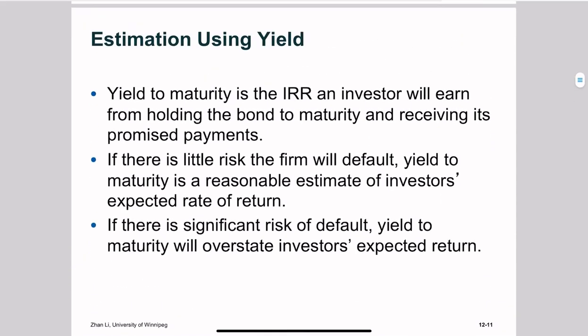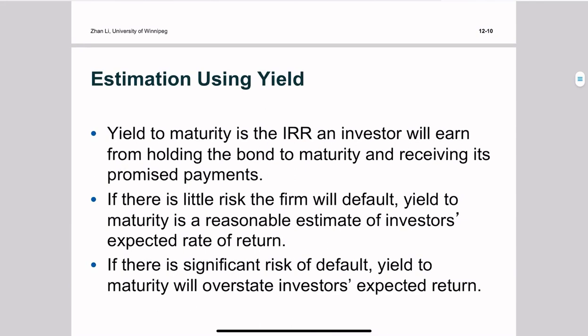Let me give you a simple example. Let's say you have a zero coupon bond. Let's say this zero coupon bond has a face value of 1,000. Let's say this is a 1 year zero coupon bond, right? By the way, zero coupon bond basically means the bond does not pay you any coupon payments.